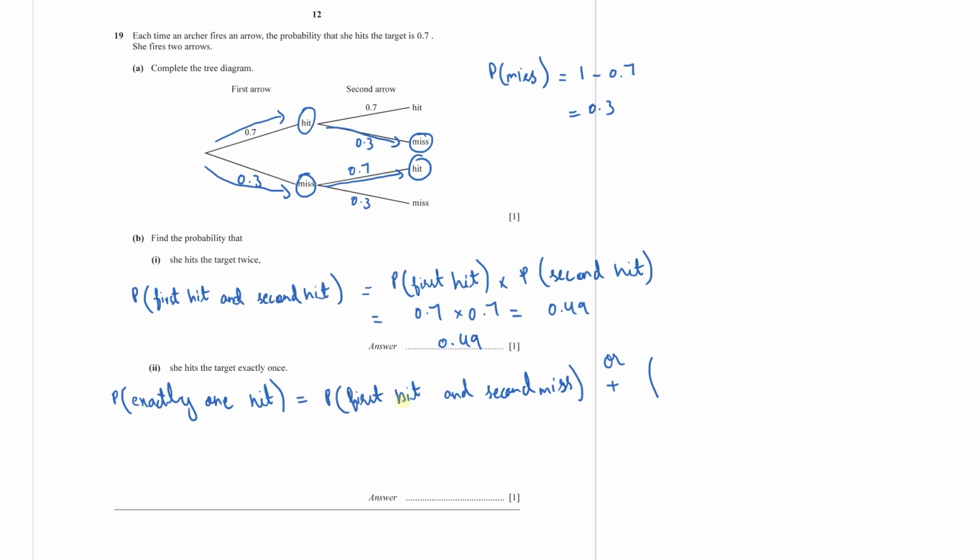So the probability of first hit and second miss, or the probability of first miss and second hit.